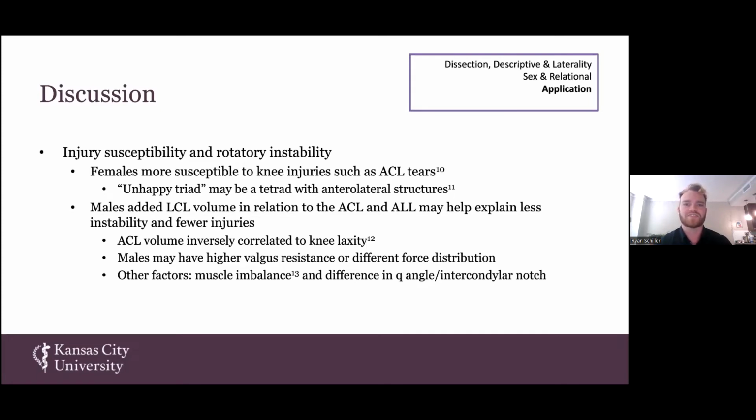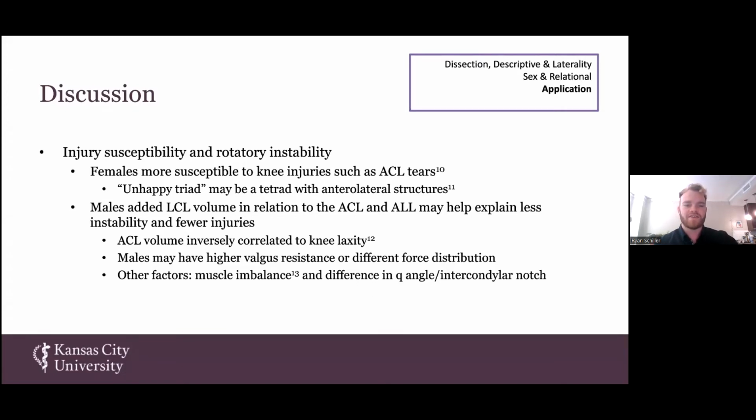And it has also been suggested that the unhappy triad of ACL, MCL, and meniscal damage might often also include undiagnosed damage to anterolateral structures, including the anterolateral ligament. So males having this added relative LCL volume to their other ligaments may help explain these differences we see, their fewer injuries and less instability compared to females.